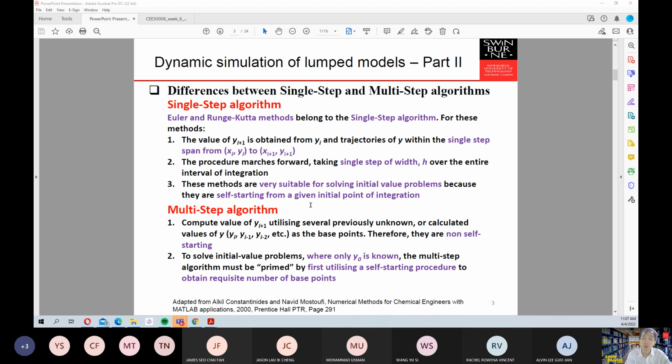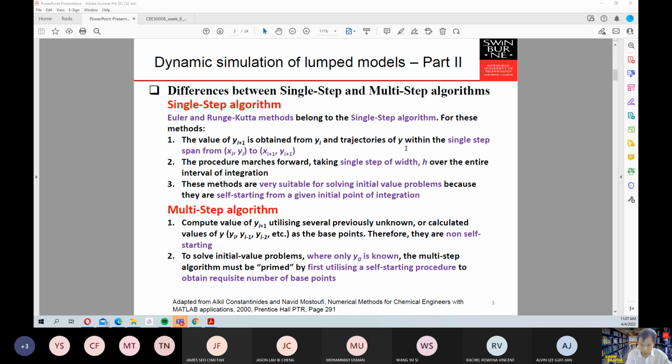So what are the differences between the single step and the multi-step algorithm? In the single step algorithms, as embodied by the Euler and Runge-Kutta methods, we obtain the value of y_{i+1} from the value of y_i.